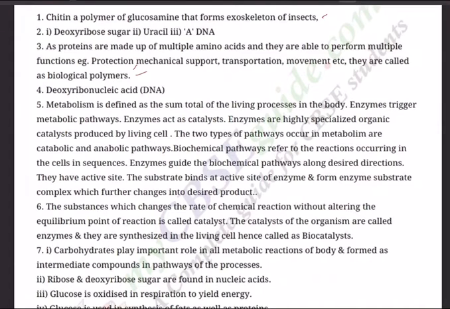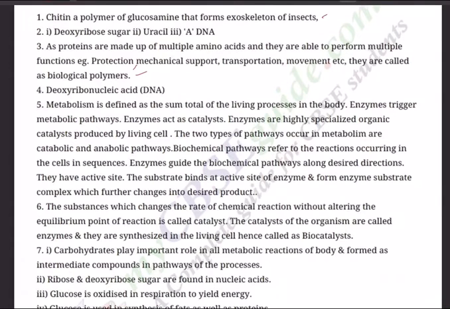Enzymes are highly specialized organic catalysts produced by living cells. The two types of pathways that occur in metabolism are catabolism and anabolism, the catabolic pathway and the anabolic pathway. Biochemical pathways refer to the reactions occurring in the cell in sequences.